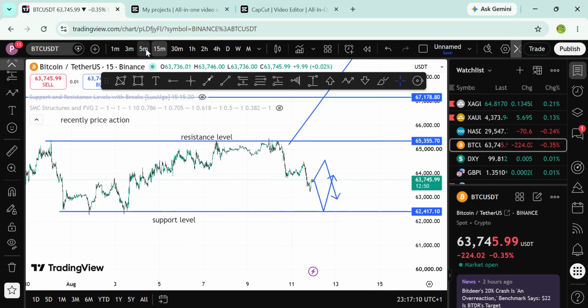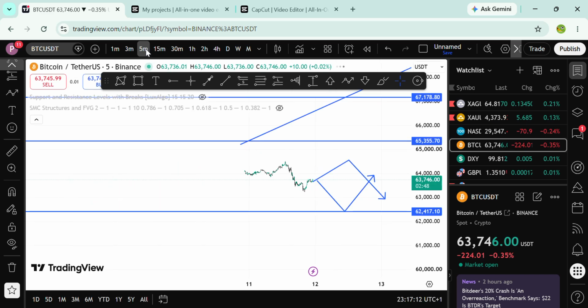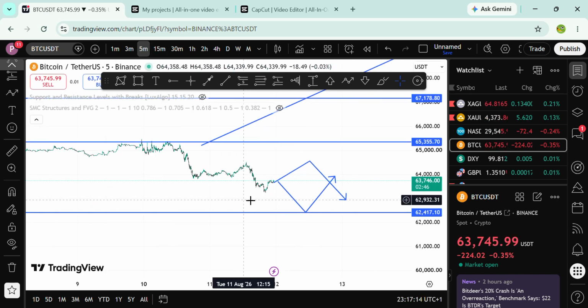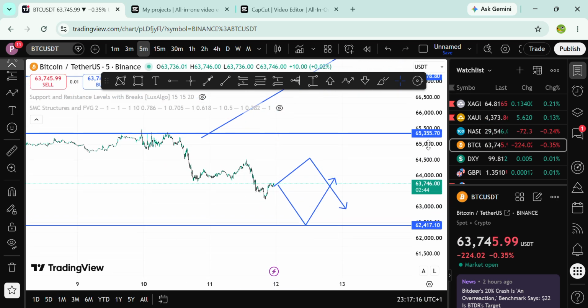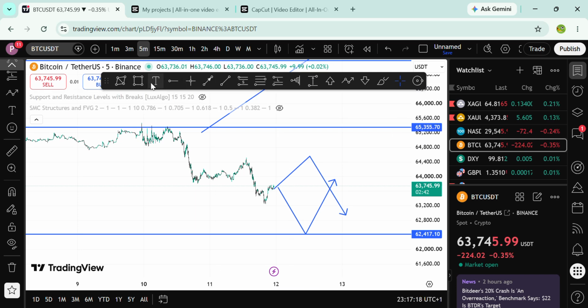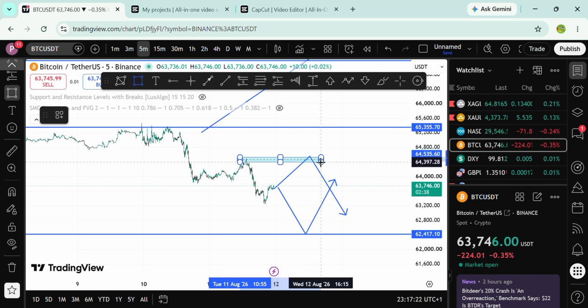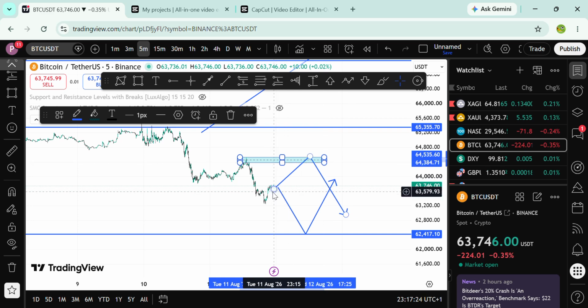If you go down to the 5 minutes time frame, you see that it's more clear. This zone is a resistance level on the 5 minutes time frame too. So you're anticipating the market to either get to this resistance level on the 5 minutes time frame as a recent price action and sell, or wait for the market to go to your recent price action at this level.